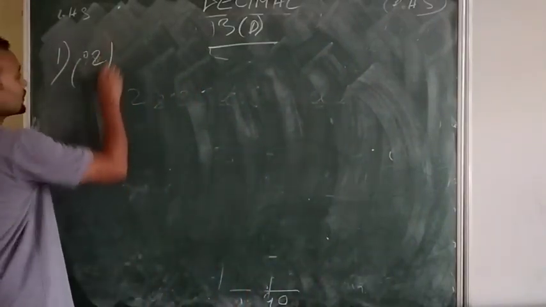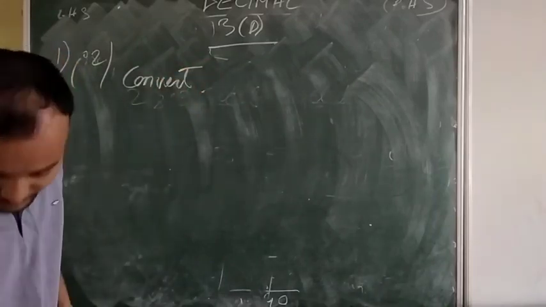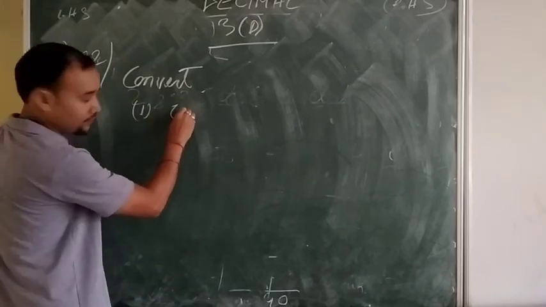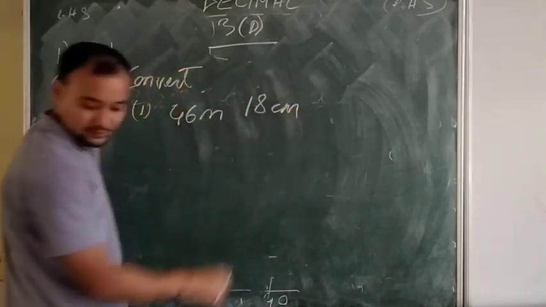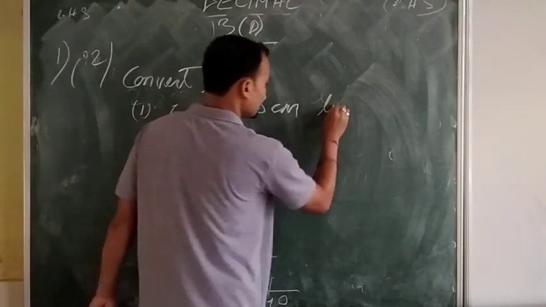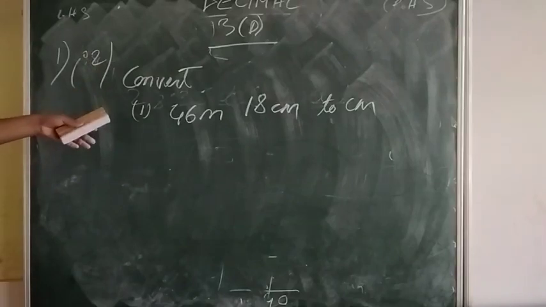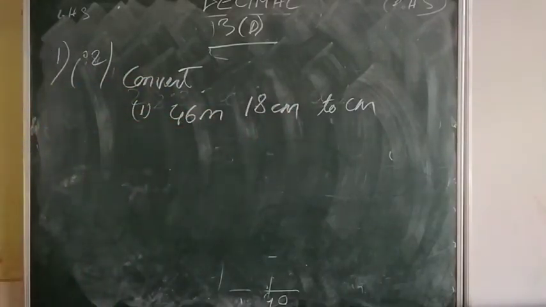Convert 46 meter 18 centimeter to centimeter. Great question. You see, 46 meter, 18 centimeter. How can we convert this?